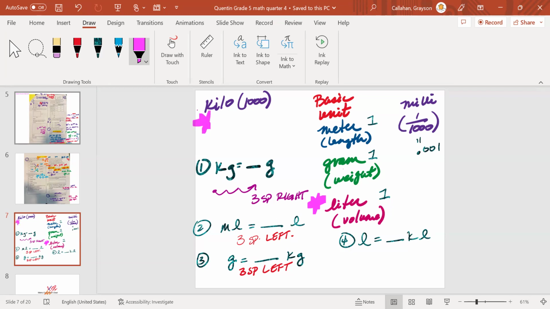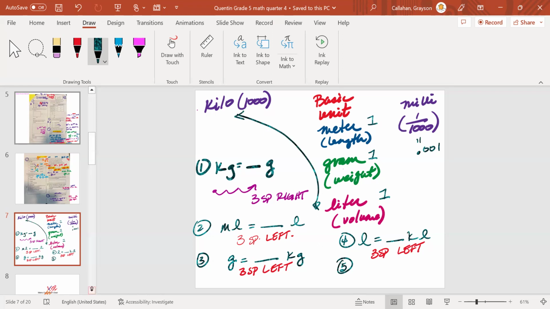Here's kiloliters. Which direction are you going to go? From here to here, 3 spaces, to the left. Do you understand why I'm going to the left? Liters is right here. To get to kiloliters, you have to go to the left, from here to here.